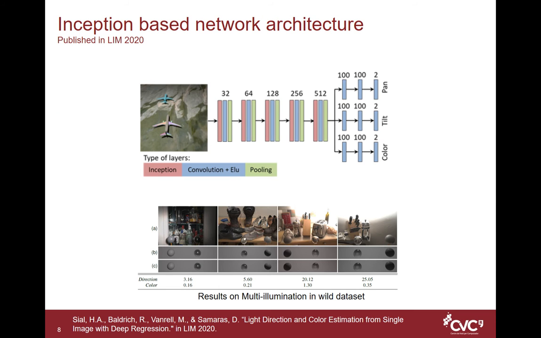We use an Xception-based architecture to predict the pan, tilt, and the color of the light source from a single image. We also build a procedure to get these light properties from the multi-illumination in the wild dataset.